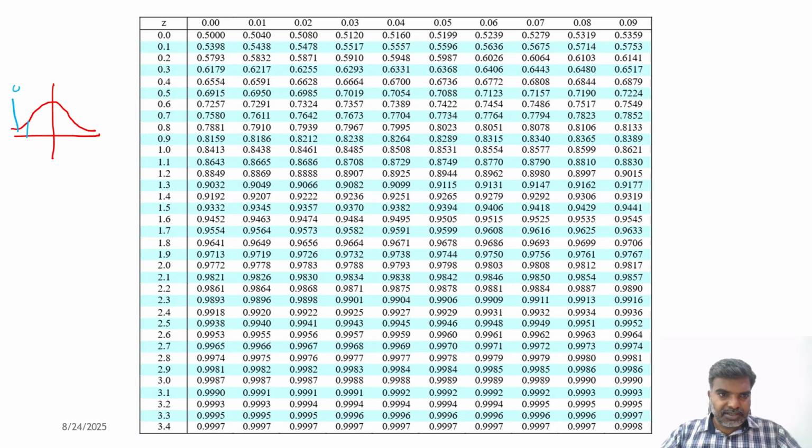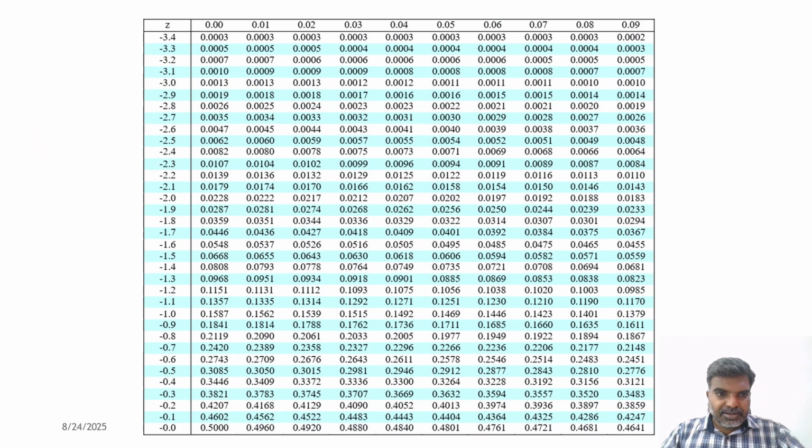Now we have to look in the table. In this table we have to look for 0.31. 0.31 is less than 0.5, and less than 0.5 means we have to look at the negative z values.